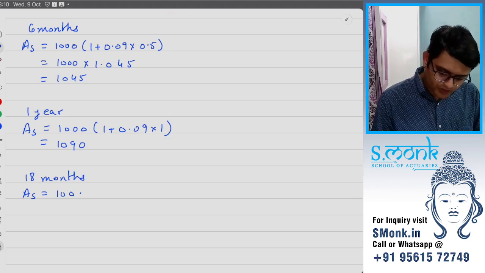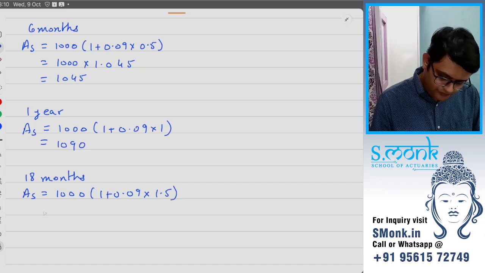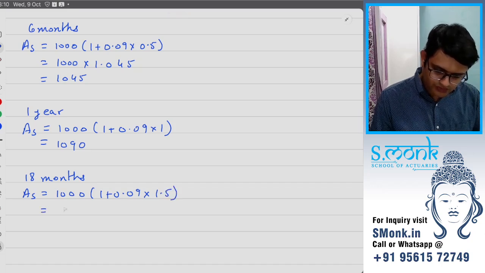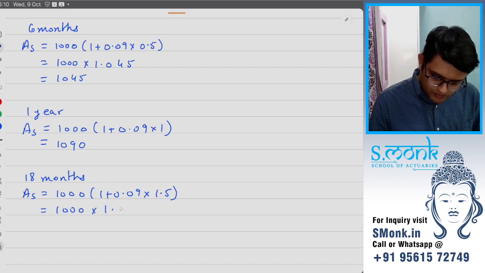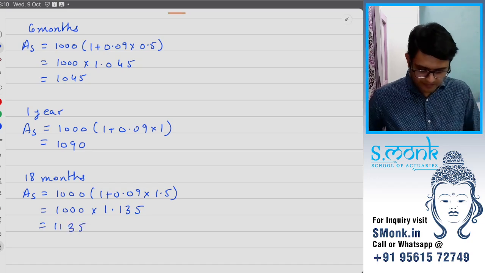Okay. So 1000 times 1 plus 0.09 into 18 months, which would be 1.5. So 1000 into 1.135, right? 1135.